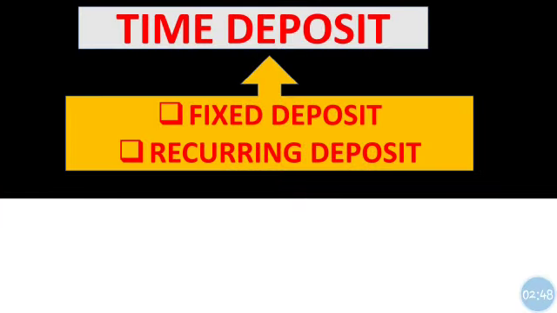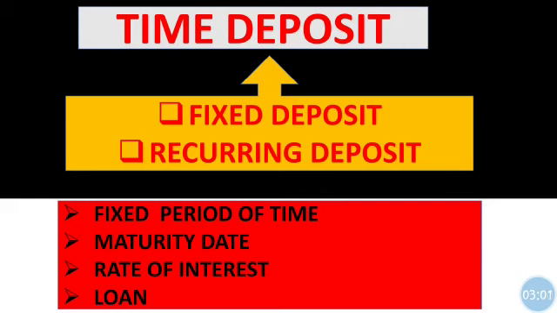First one is time deposit, which is classified as fixed deposit and recurring deposit. Fixed deposit, which is also called as FD. It is an account like any other account, but point to be noted is that in this account fixed amount is kept or deposited in the bank for a fixed period of time.